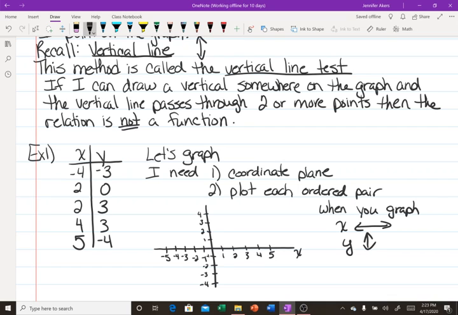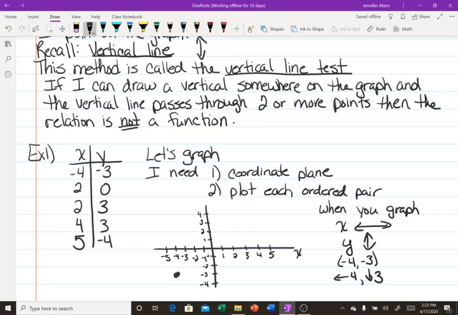Okay, so when I see -4, -3, the -4 tells me left 4, the -3 tells me down 3. So I'm going to go left 1, 2, 3, 4. I'm going to go down 1, 2, 3. I'm going to plot the point.